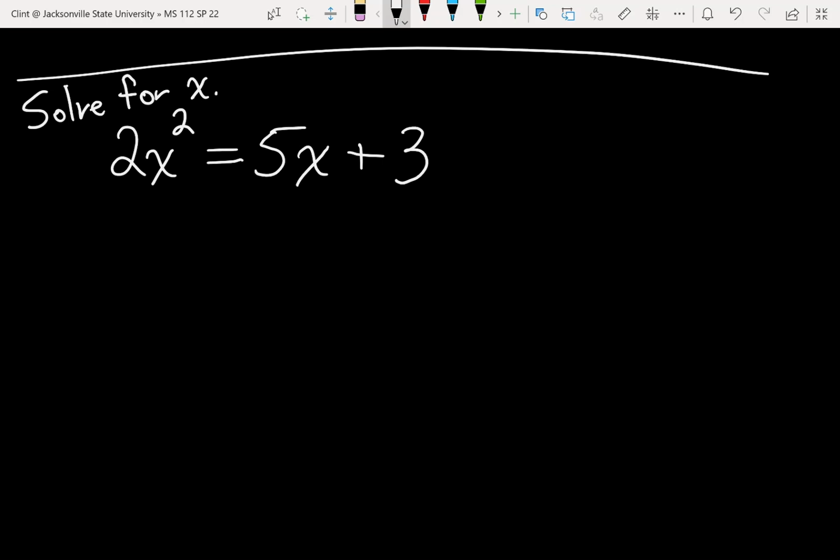I'll give you a minute to tack away at it, and then we'll try it. If you need it, here's the quadratic formula.